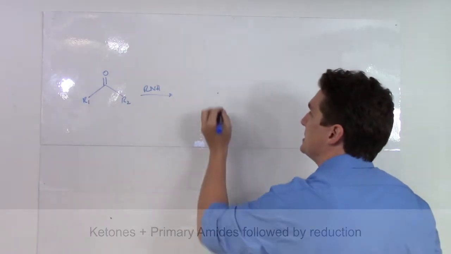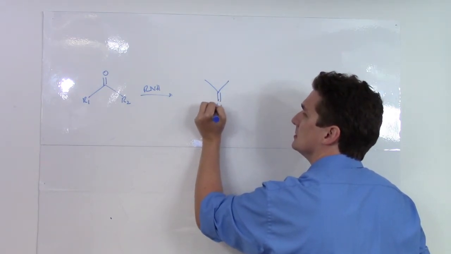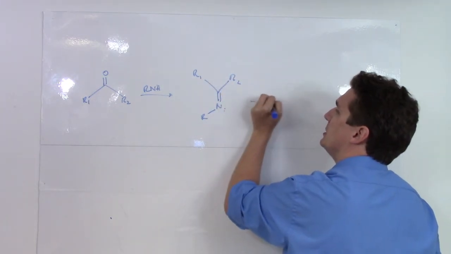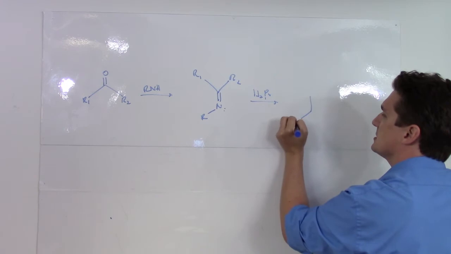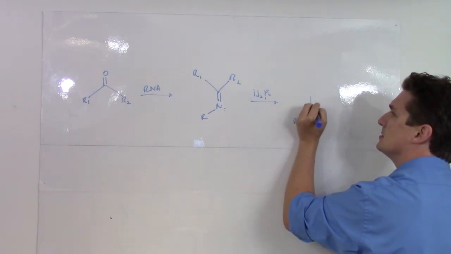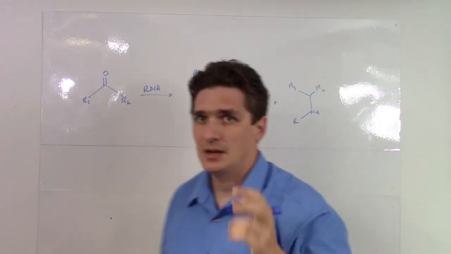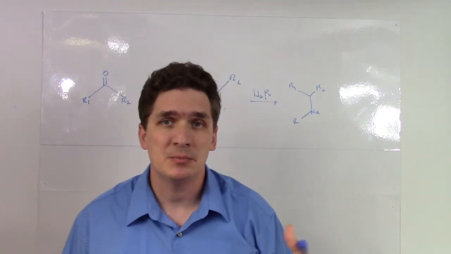What it actually produces is the amide. And we can subsequently reduce this with a platinum catalyst to give us our desired secondary amine.